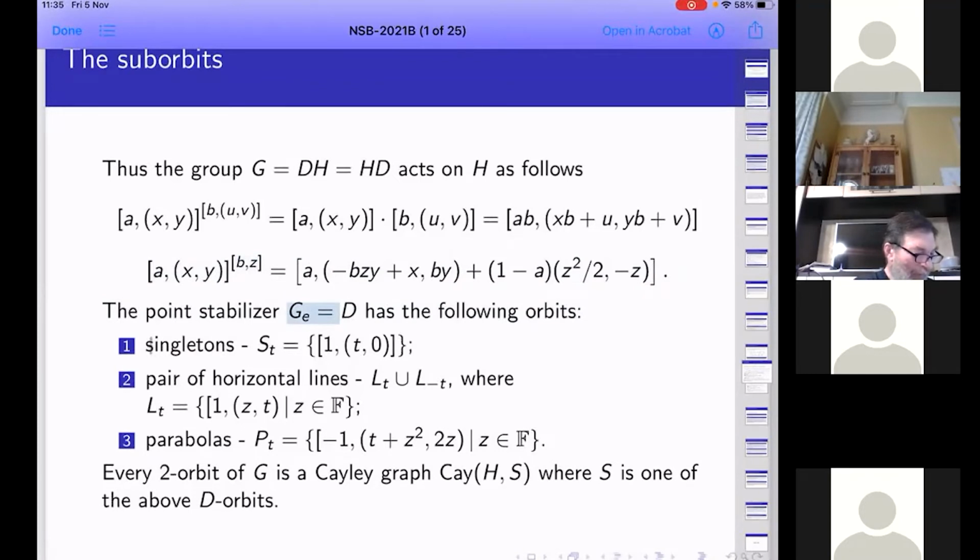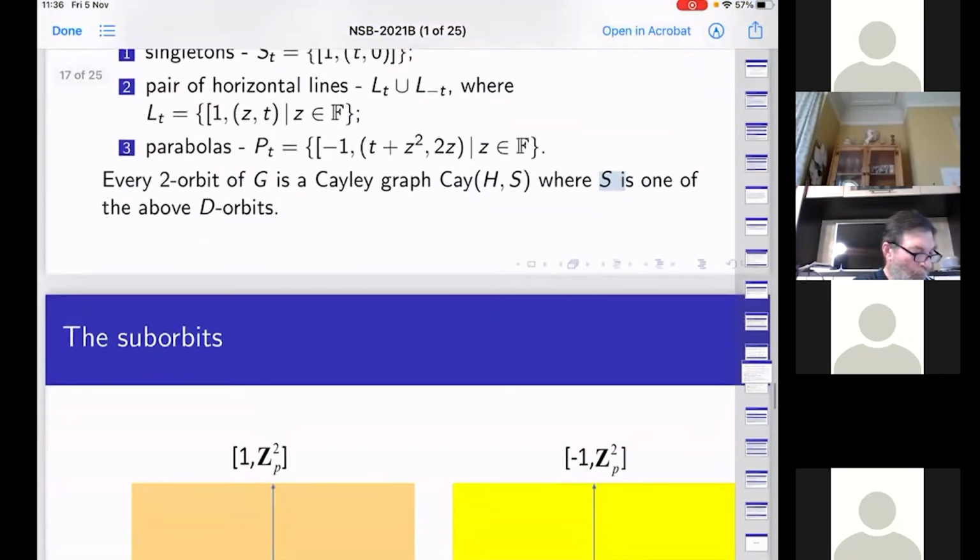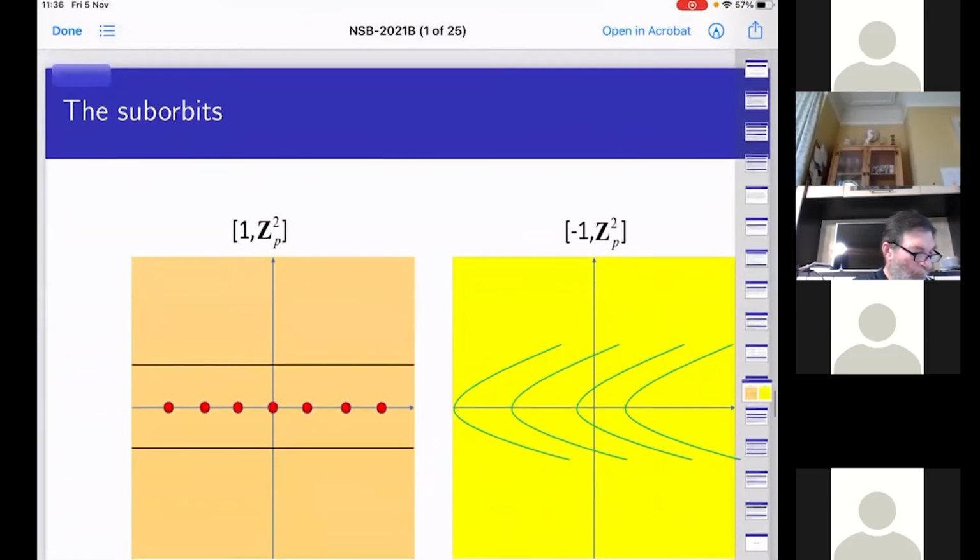Singletons, the orbits consisting of one element, pairs of horizontal lines, and parabolas. Every two-orbit of my group G acting on H is a Cayley graph of that type, where S is one of these D orbits. Let me show you the picture which shows these orbits. The generalized dihedral group has a normal subgroup of index 2.